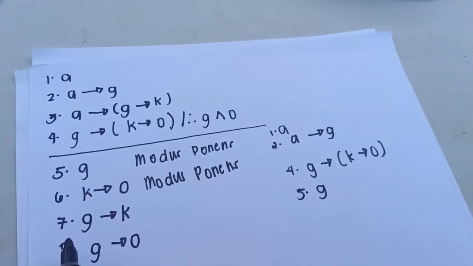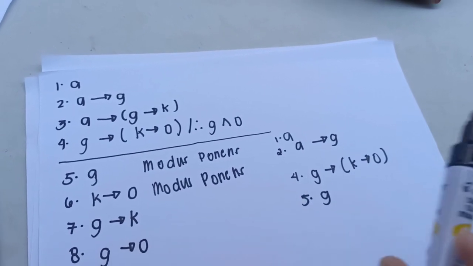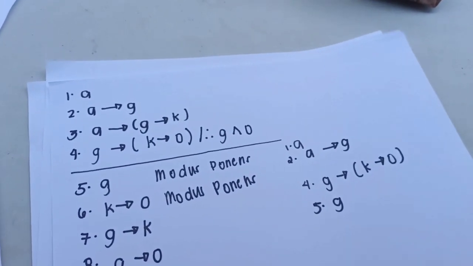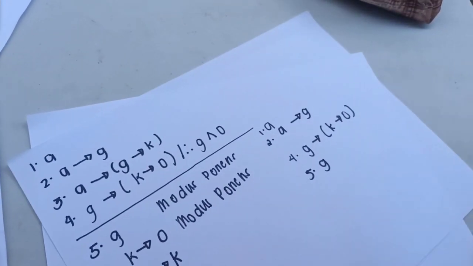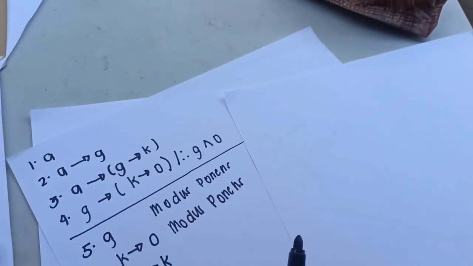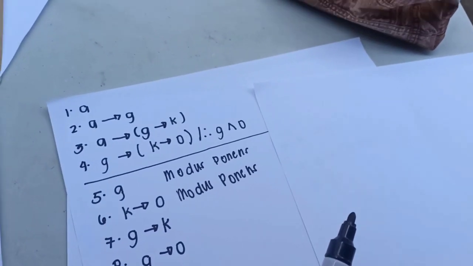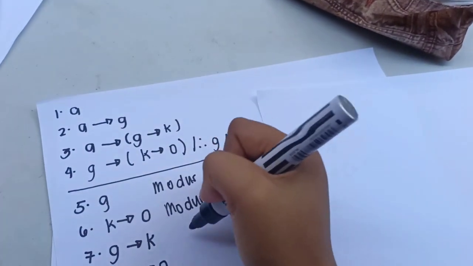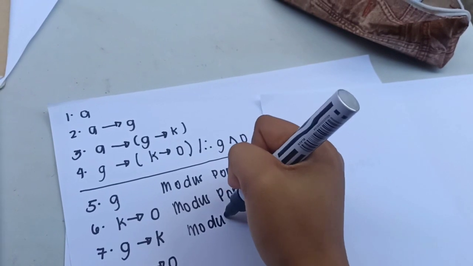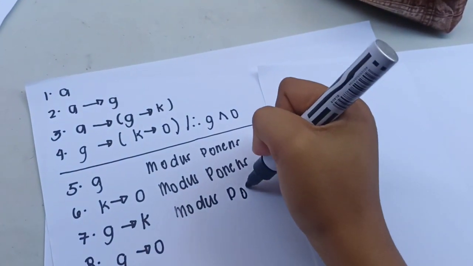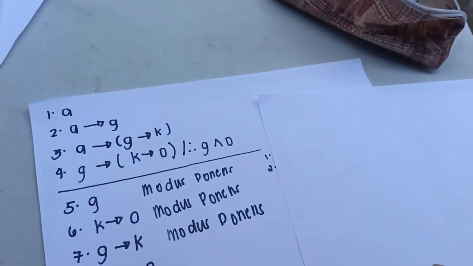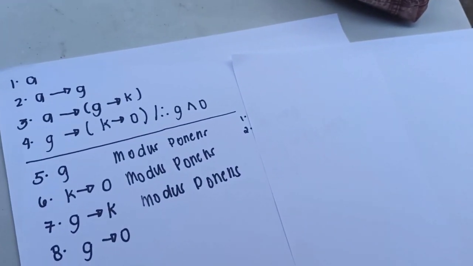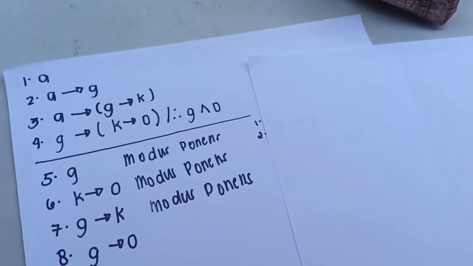So, number 7, G implies K. So, paano naman kaya nakuha yung number 7? So, anong rule yung ginamit natin dyan? So, the rule that we use here is modus ponens again. So, paano naging modus ponens na naman? Because as we combine number 3 and number 1.